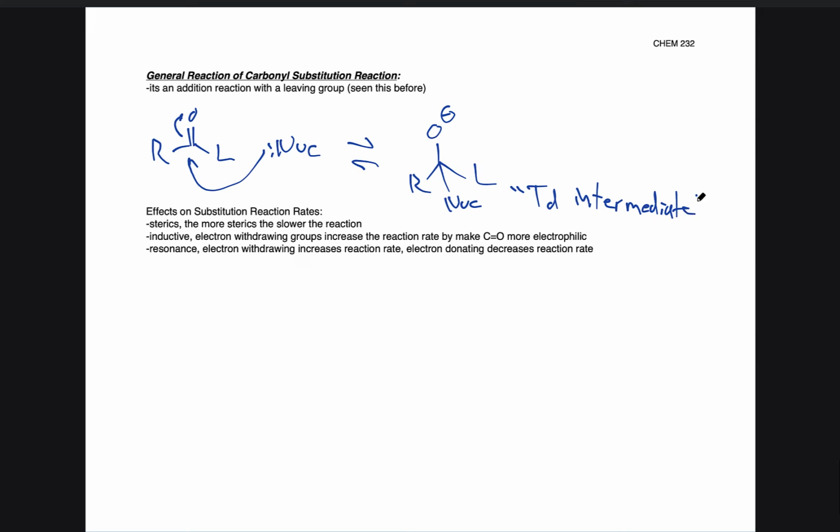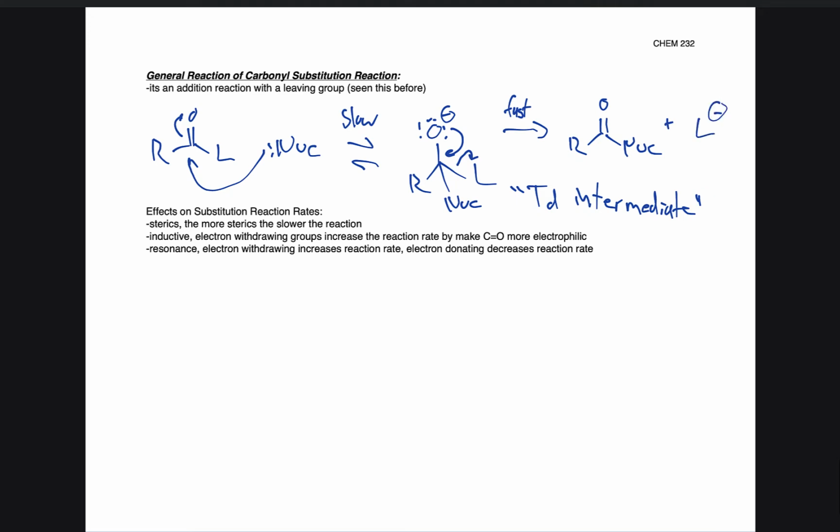And this step is the slow step in the reaction, where this happens the slowest. But the next step, going from our tetrahedral intermediate into something smaller, is a much quicker step. So this is our fast step in this reaction, and it's irreversible. And our leaving group has left.